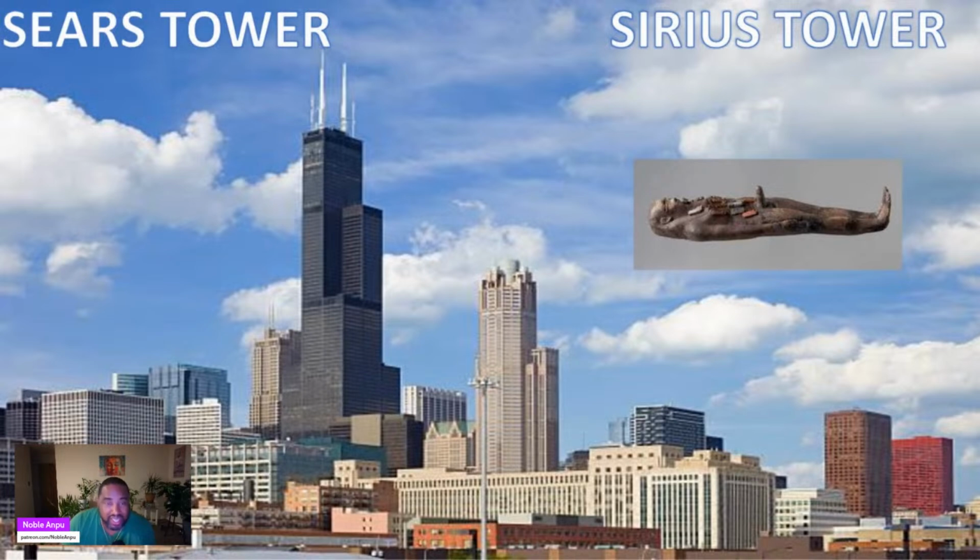So when you look in Chicago, you see the third largest building in the United States is here. A big black phallus in Chicago, shooting off into the ether of space. Sears Tower, Cyrus Tower.